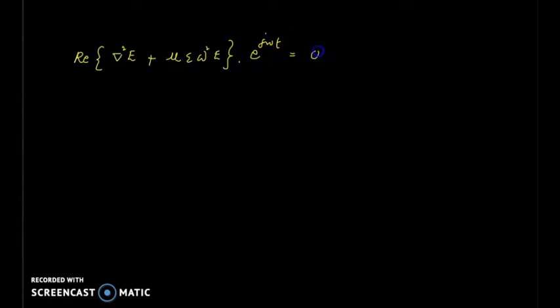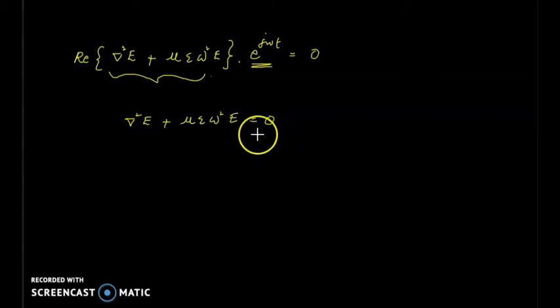We can equate it to 0. So this is nothing but del square E plus mu epsilon omega square E equal to 0.